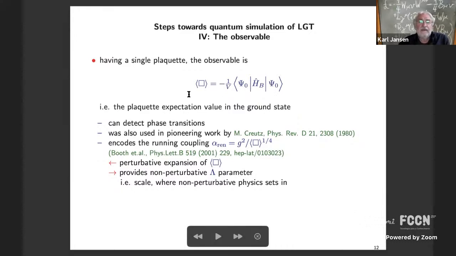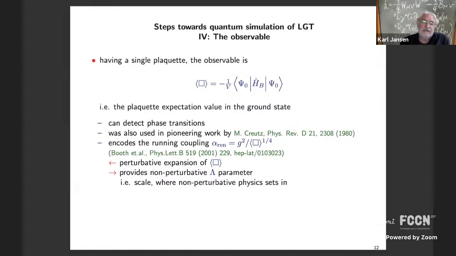Okay. This looks simple, but this is interesting already by itself, because you can use this plaquette expectation value to detect phase transitions. You can even use it to show the order of the phase transition.